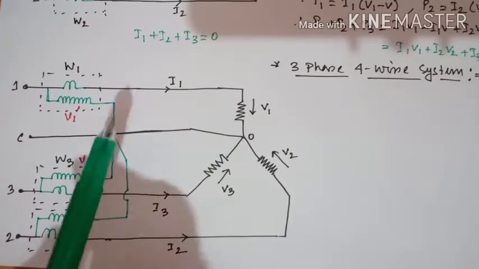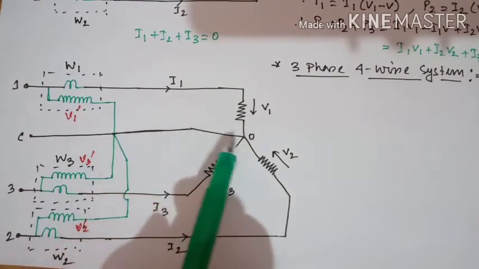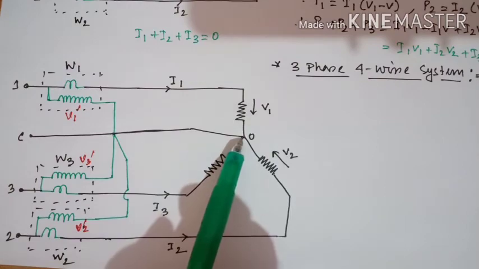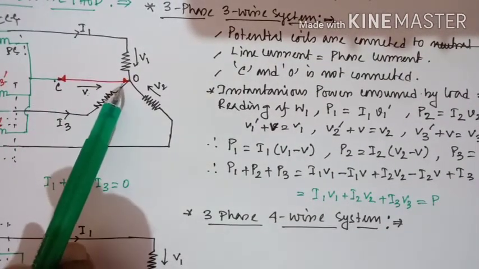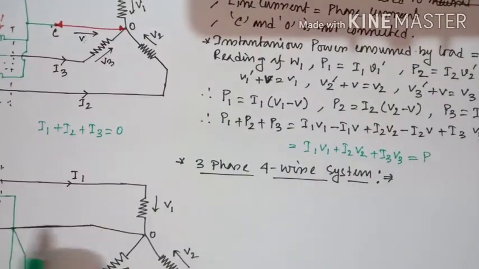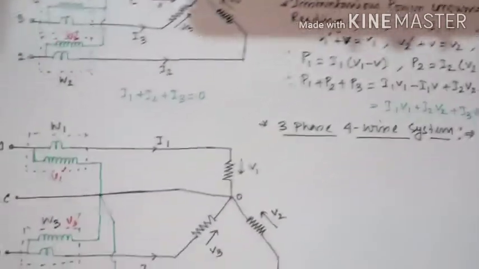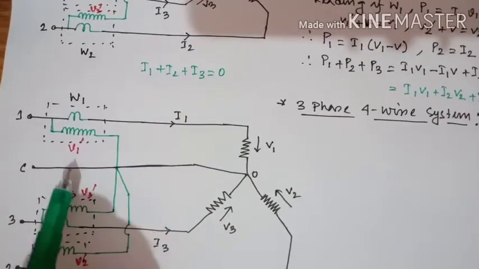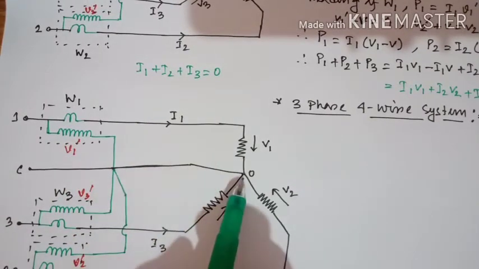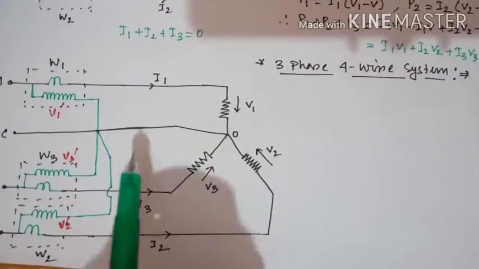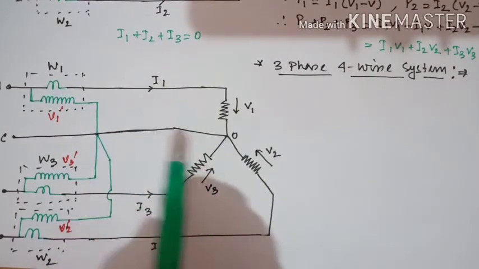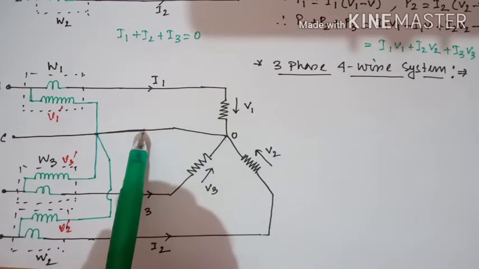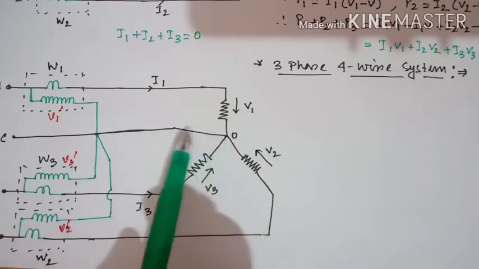The only difference here is that the common point is connected with the neutral point. Earlier the common point and neutral point were not connected, but here they are connected. So you can find it, C and O, that is common point and neutral point, is connected. That is why the term four-wire method: three wires for three different phases and another one for common and neutral.